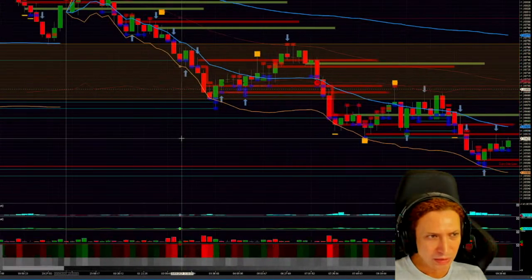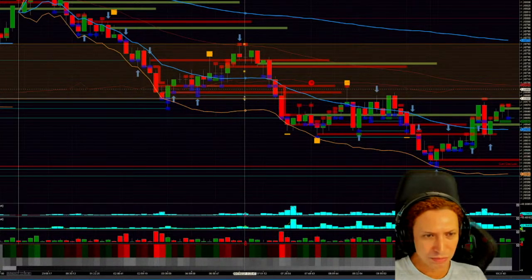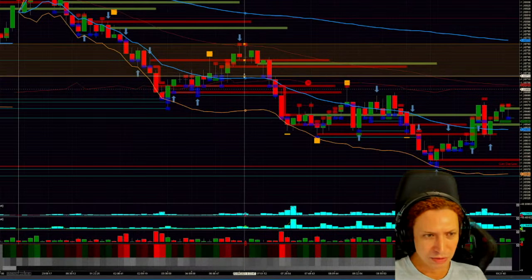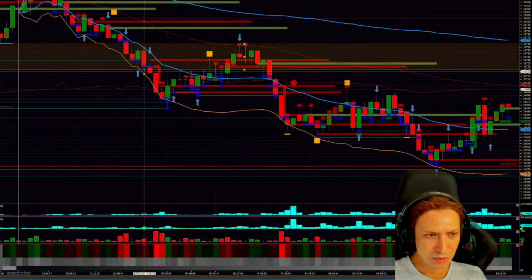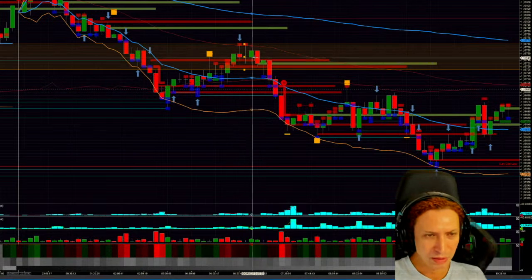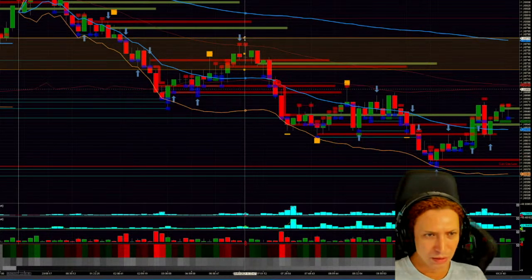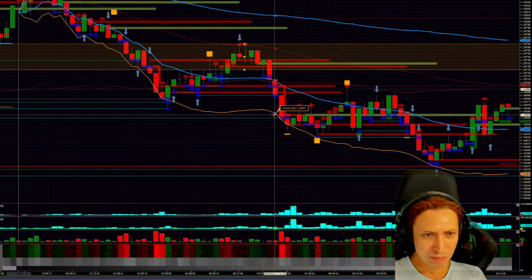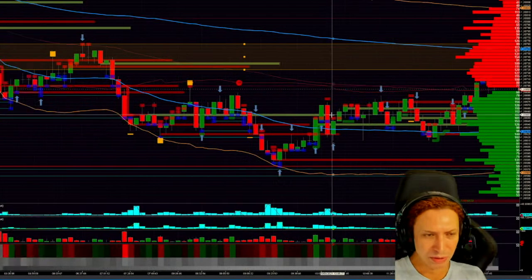But let's try to check an entry here. I want to adjust the rotation to the next level, which is going to be this one. You can see how the price was below this point, then rotates here on the upper side, and then it breaks down and created these lower rotations.